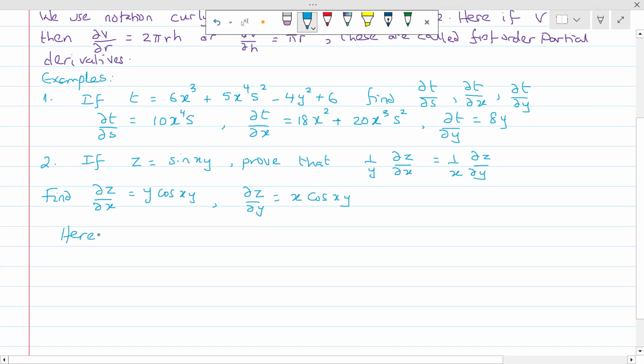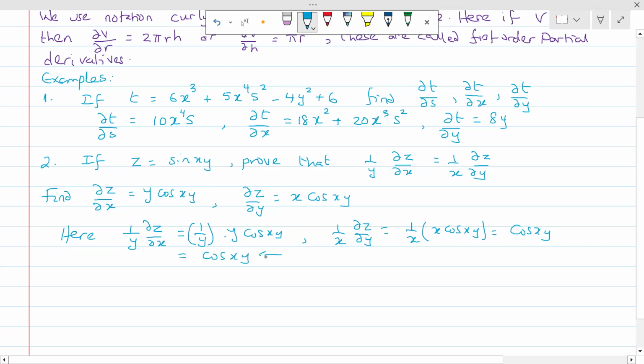So here, 1 over y partial z partial x becomes 1 over y times this one. And 1 over x partial z partial y is 1 over x times this one, and this one also is cos of xy. So these two are equal, hence we have proved the relationship.